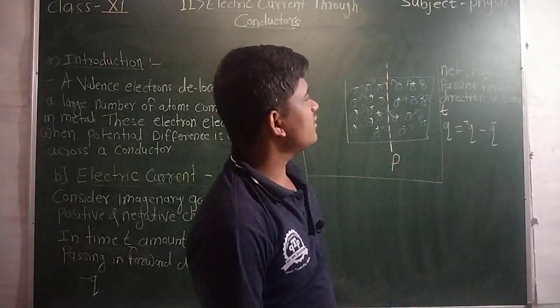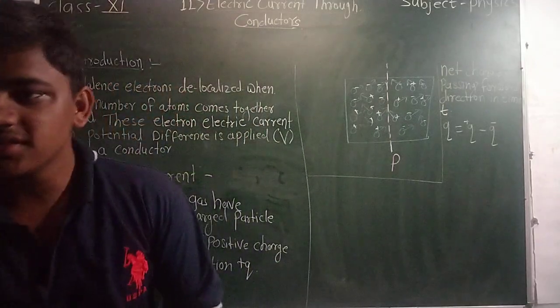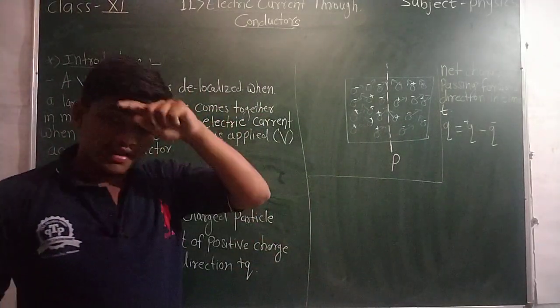This is the net charge passing through in the forward direction in the time t.